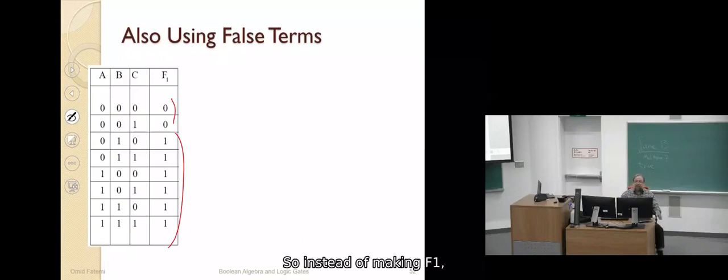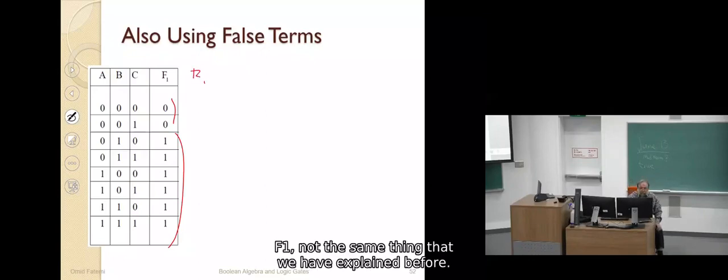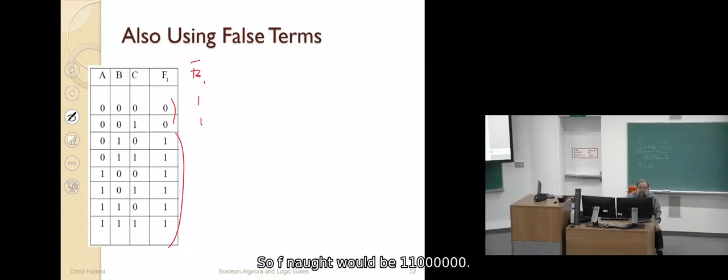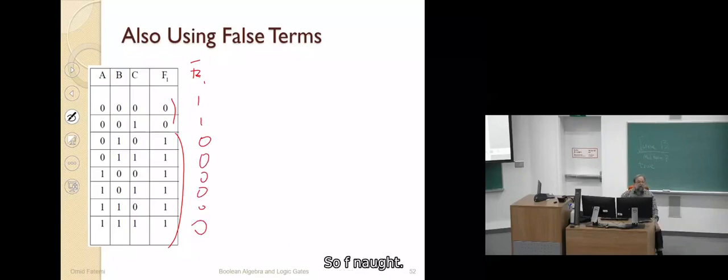So instead of making F1, I make F1 naught. The same thing that we have explained before. So F1 naught would be 1, 1, 0, 0, 0, 0, 0, 0.